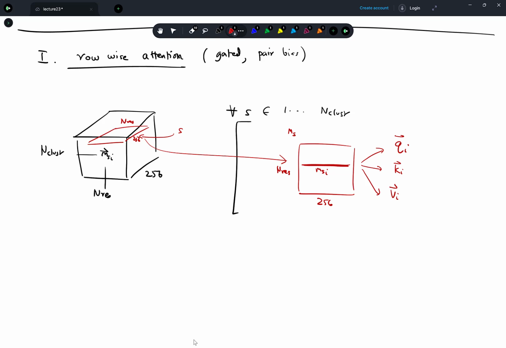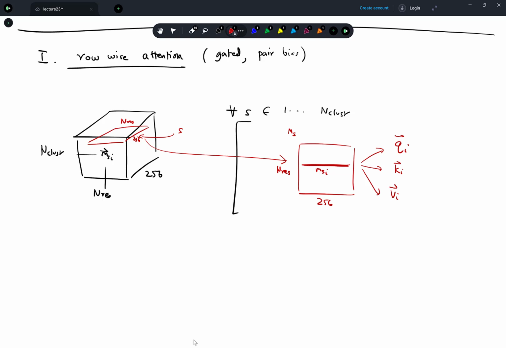This keeps it clean. All I need to do is, I've got an m_s matrix that comes in. Each row of that matrix is called m_si, which is the same m_si as in the original tensor, so there's no difference. I'm just ignoring the S in the sense that it's fixed for now. So what I need to do is take this vector, which is 256 dimensional, and project it into my projection space.